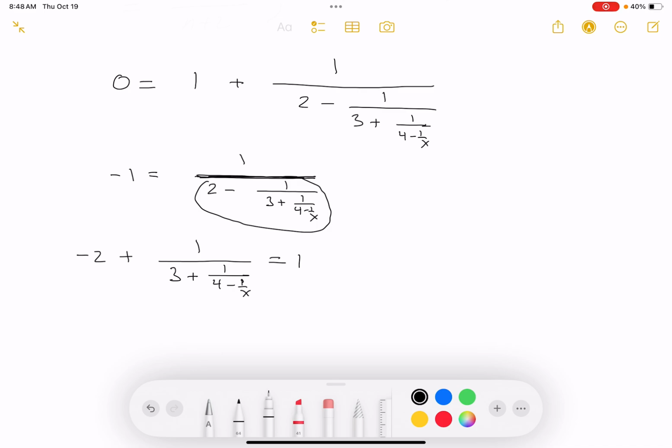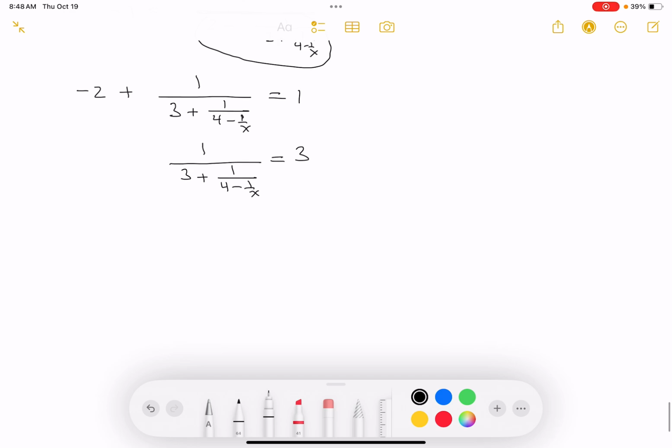Now I'm going to add 2 to both sides, and what do you get? You get 1 over 3 plus 1 over 4 minus 1 over x is equal to 3. And then I'm going to multiply both sides by this. And what do you get? You get 1 over 9 plus 3 over 4 minus 1 over x.